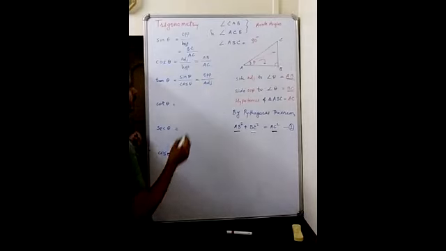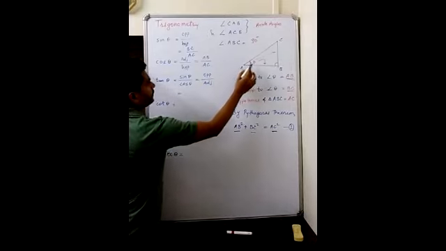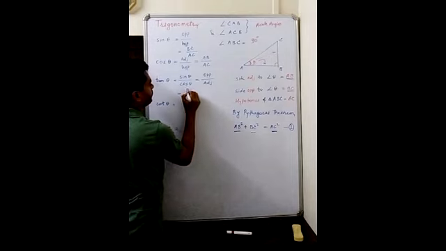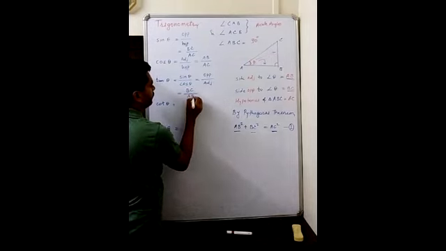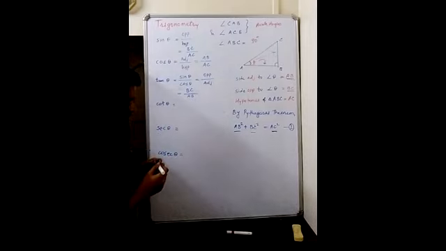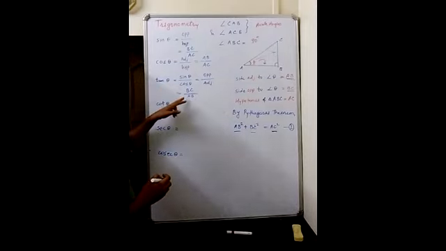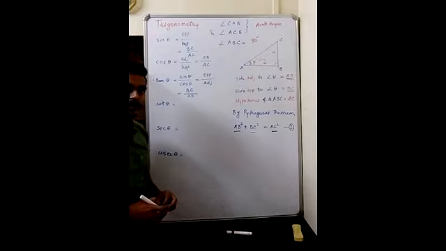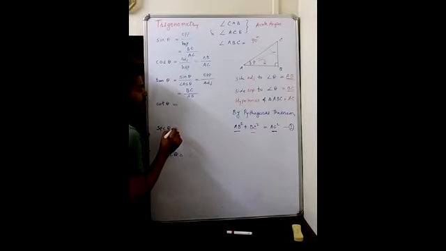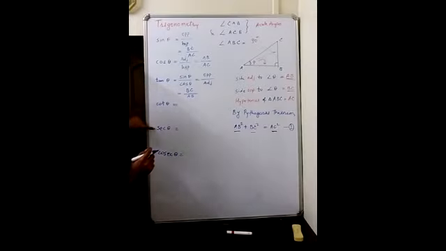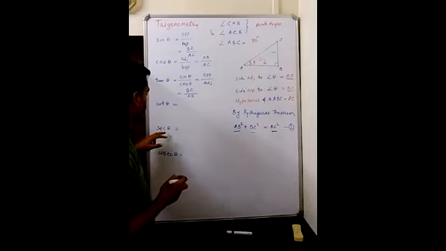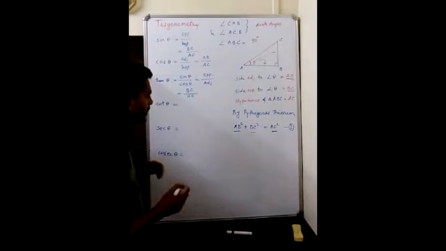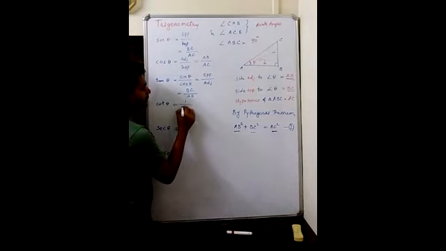So the opposite side of this theta is BC divided by the adjacent side AB. So this is the tan ratio, and in the tan ratio the hypotenuse will not be present. The next ratio is the cot ratio. Now cot, sec and cosec are the reciprocals of tan, cos and sine.